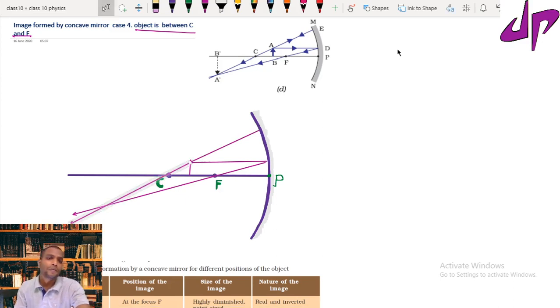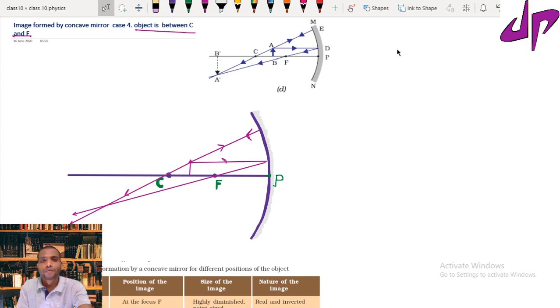Since it does not deviate, this will be the incident ray. After being incident on the mirror, it reflects back. After reflecting, it passes through the center of curvature. So that is the third rule.